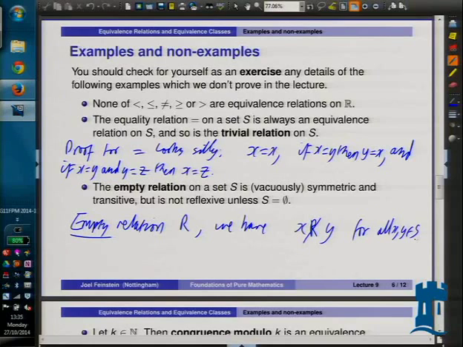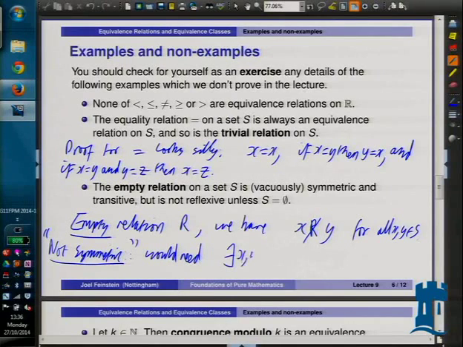Now remember, not symmetric would need there exists x, y in S with x related to y, but y not related to x.